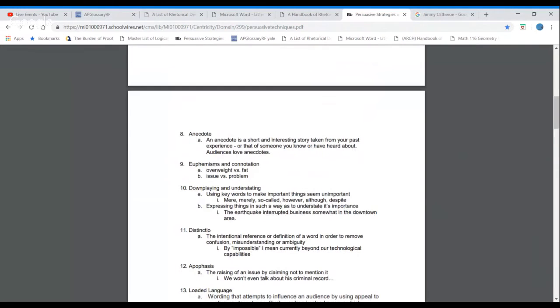Anecdote. An anecdote is a short and interesting story taken from your past experience, or that of someone you know or have heard about. Audiences love anecdotes. So let's say these are anecdotes, where they go Eratosthenes and all this sort of stuff, and all these other people from history that people keep bringing out, saying, well, Eratosthenes proved it was a globe by putting sticks in the ground. Kepler and Einstein and all these others.